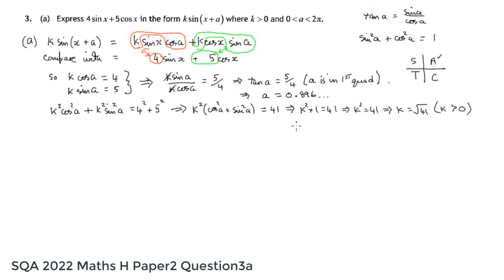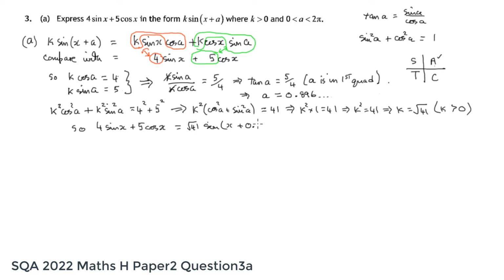So I think we've mustered all the values that were required to rewrite this expression in the form K sine x plus A. So let's write our conclusion that 4 sine x plus 5 cos x can be written as root 41 times sine x plus 0.896, and the decimal went on, so we need to approximate this.